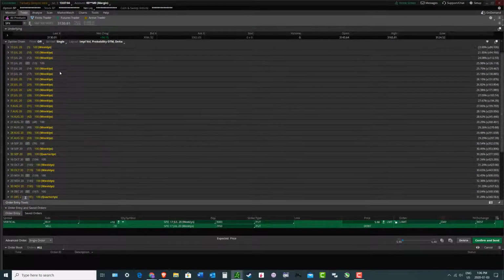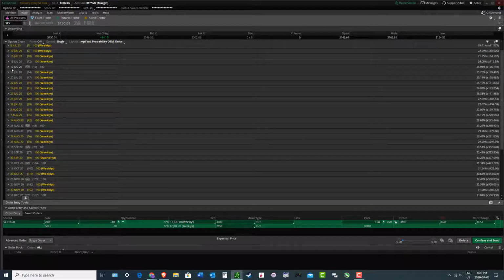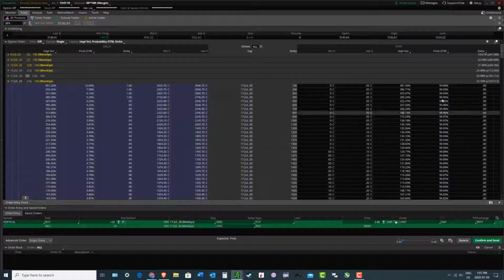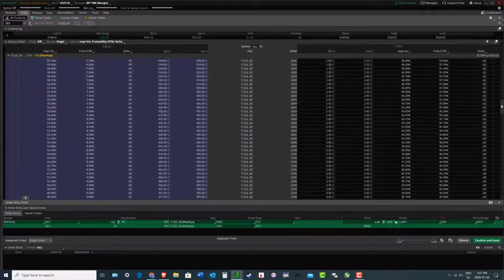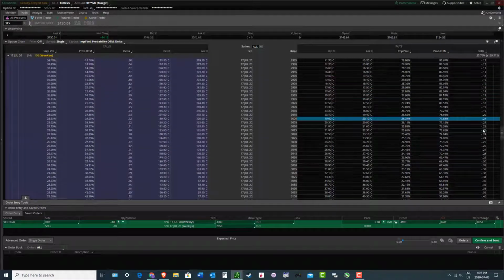Now there are some Julys that expire the morning of that day, but I'm going with the ones that expire after the end of trading that day. So those are the weeklies. These ones are the special morning ones. Don't worry about that. Just so you have the right option chain to look at in case you're going to look at this yourself.